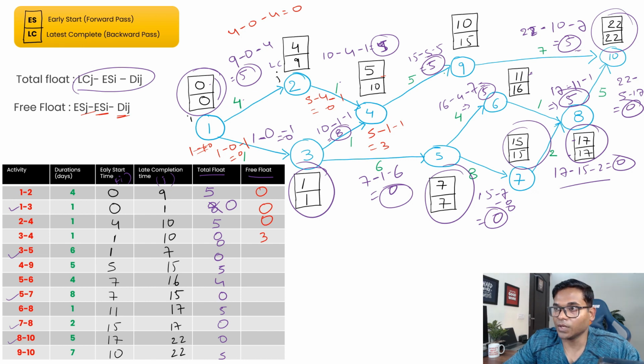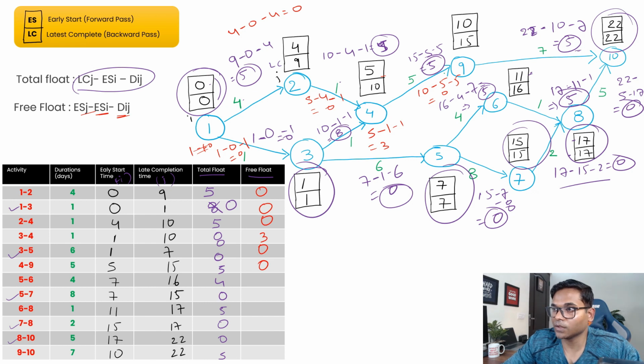Then 4 to 9, where is 4 to 9? 4 to 9 is here. Then 10 minus 5 minus 5, which is again 0. Oh, we have already taken 3 to 5, right? 3 to 5 is this one.